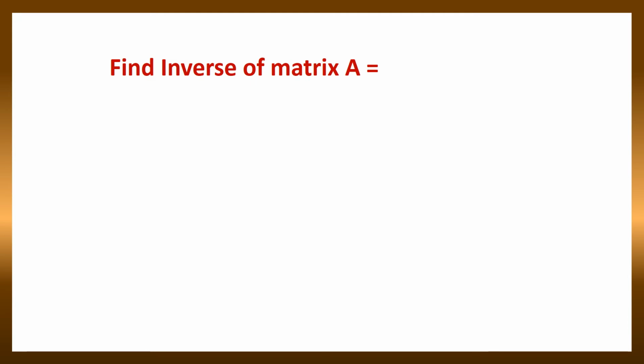And now let us take an example to find the inverse of a matrix. Here we are going to find inverse of matrix A. The matrix is given as matrix of 3, 5, 7, 2, minus 3, 1, 1, 1, 2. First of all, we have to find the cofactors of all the elements in this matrix.